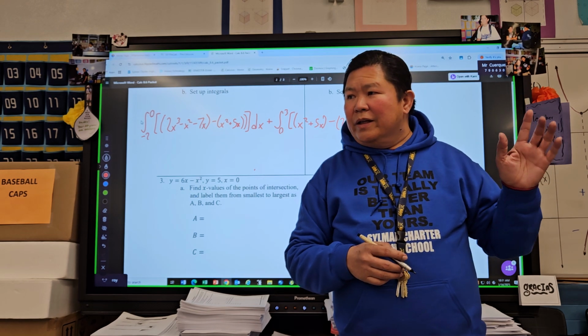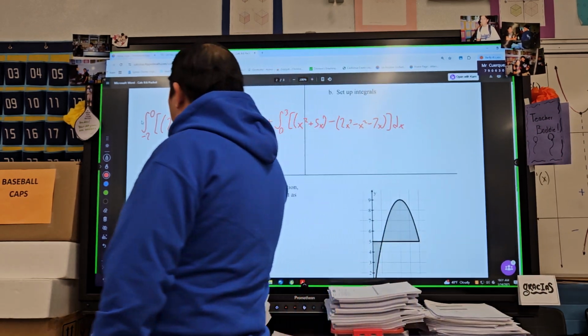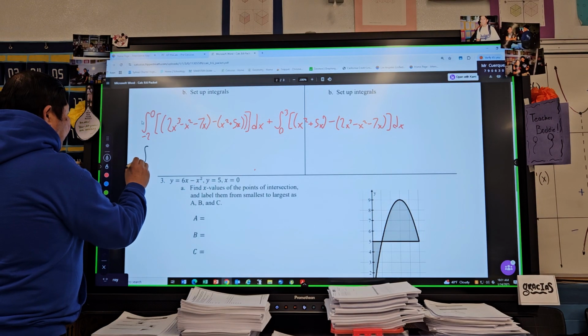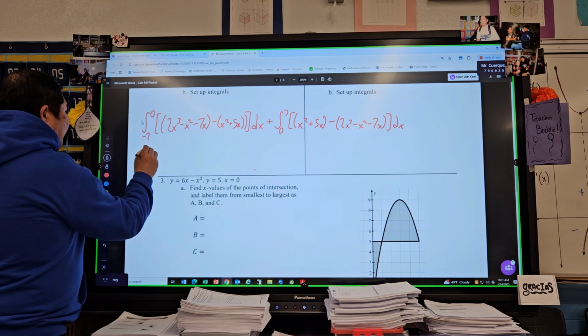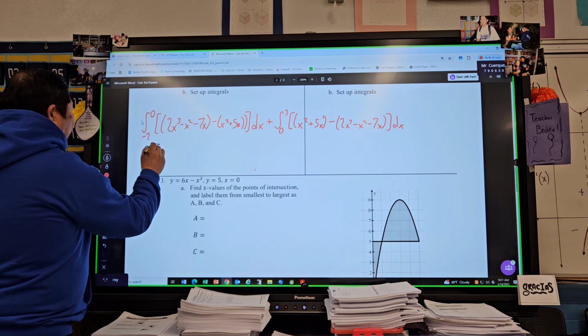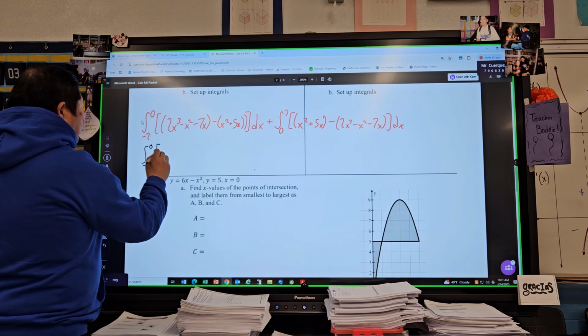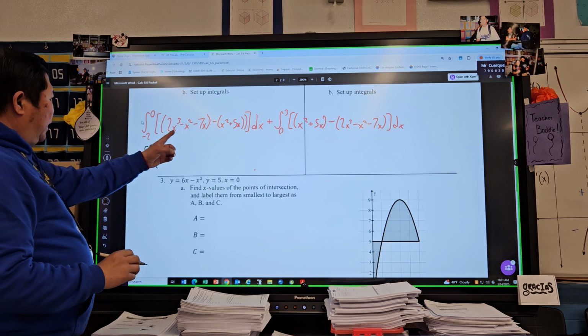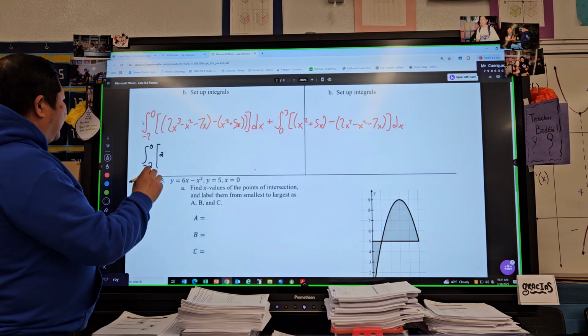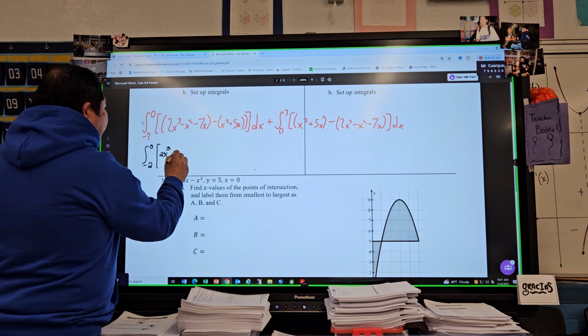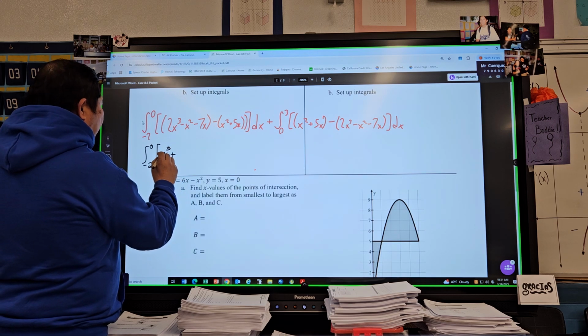Clear, guys? So that means we now have the integral from -2 to 0, and then you have 2x cubed, and then minus, so 2x cubed plus, minus.